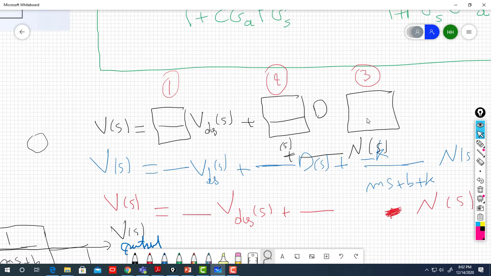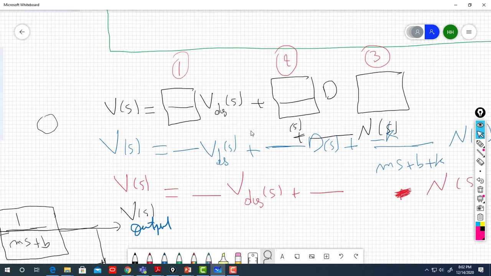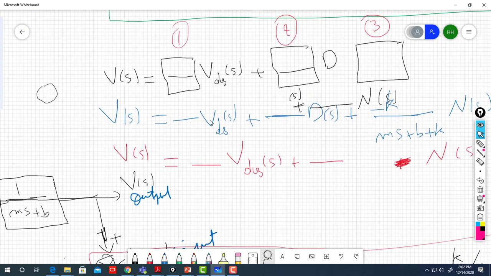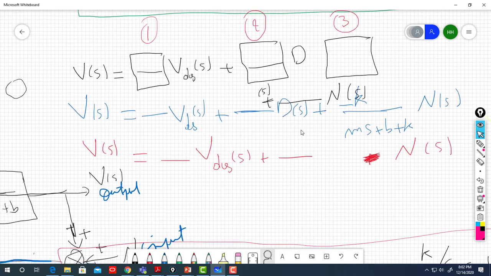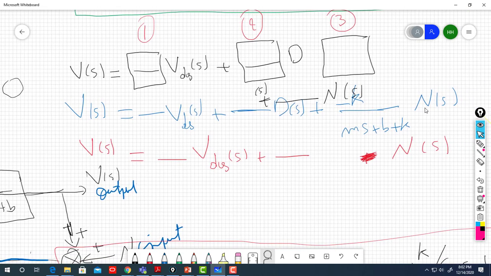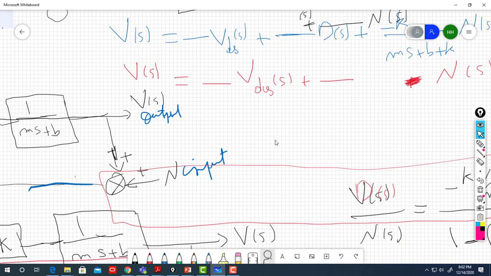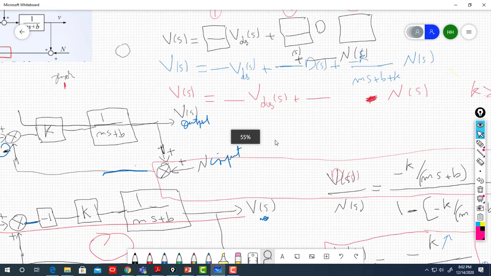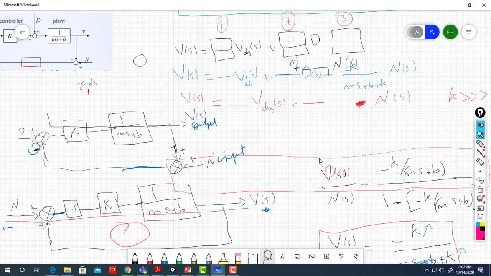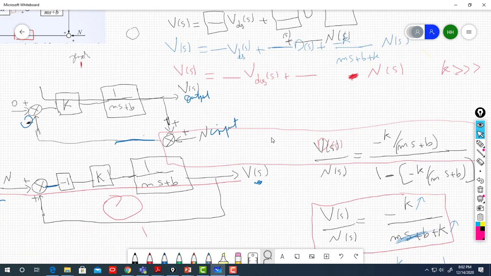So you have three inputs in this case: transfer function times V desired plus transfer function times D plus transfer function times N. This is something we determined before, just as a refreshment.